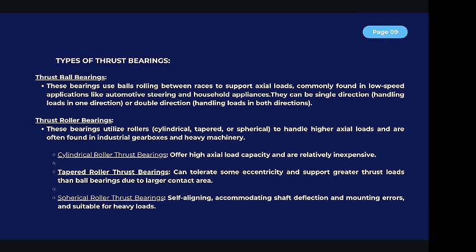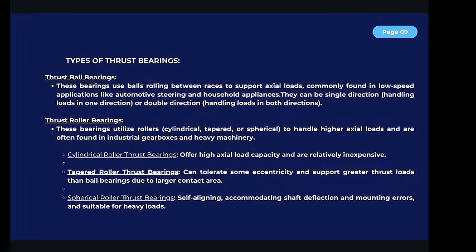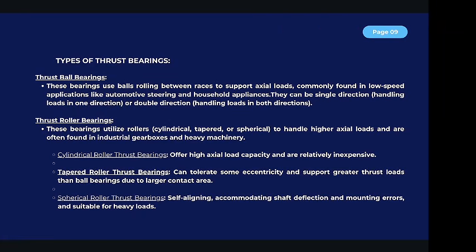So we have here different types of thrust bearing. First is what we call the thrust ball bearing. These bearings are balls rolling between races to support the axial load, commonly found in low-speed applications like automotive steering and household appliances.